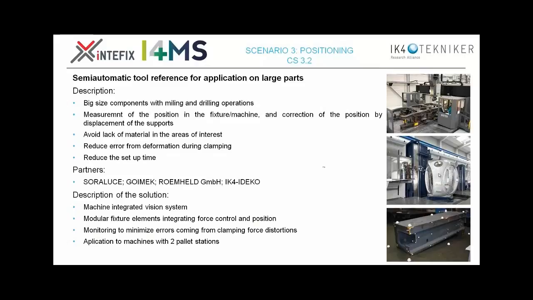So we have to be sure that the workpiece is correctly located in the working volume of the machine, and that the tool path is fitting the actual position of the workpiece.